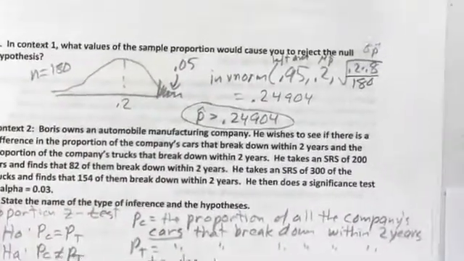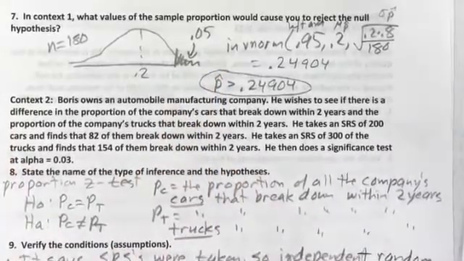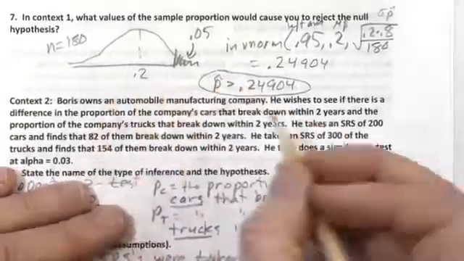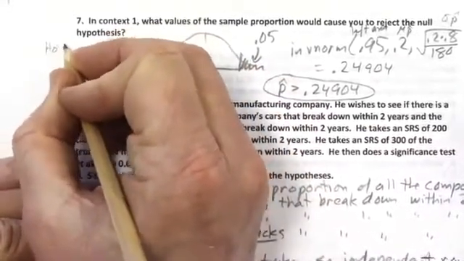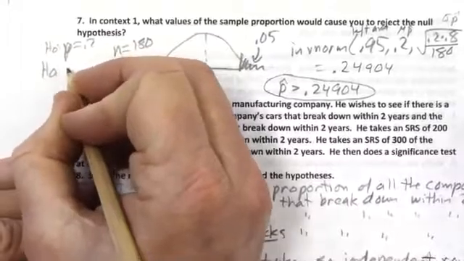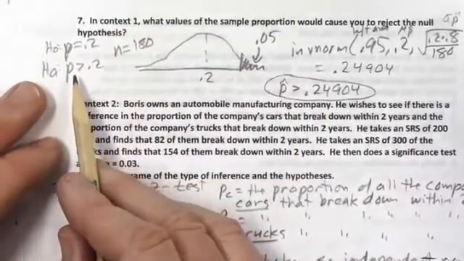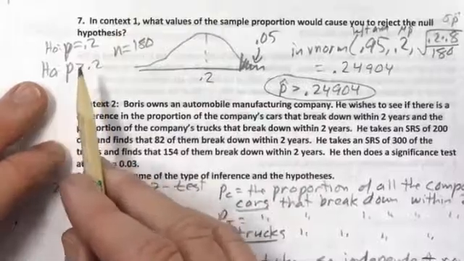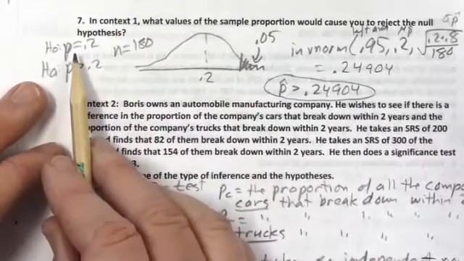Now, all right, what values of the sample proportion would cause you to reject the null? Remember, our null hypothesis is that p is equal to 0.2, and the alternative is that p is greater than 0.2. And so what we're testing is if our p hat, if our sample value was way above 0.2, we would reject the null.